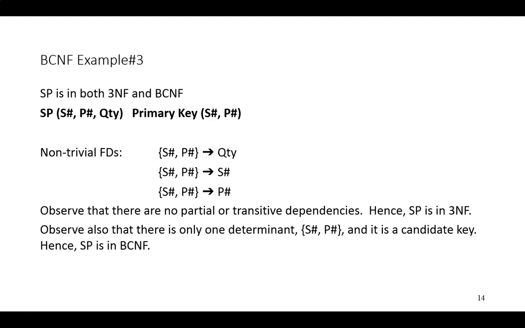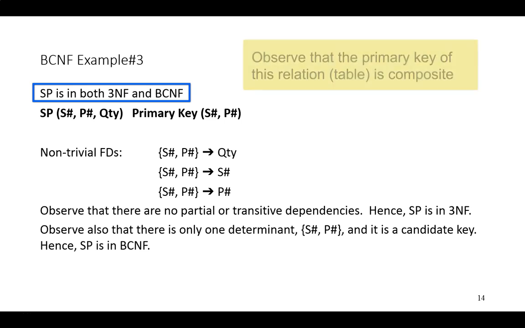We now consider a relation, SP, that qualifies as being in both third normal form and Boyce-Codd normal form. The attributes of this relation are S number, P number, and quantity. Again, we are given the fact that the primary key has been specified as S number and P number.